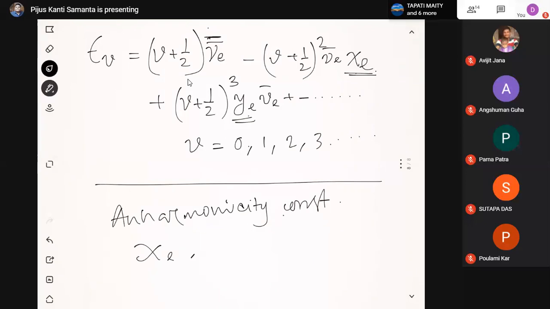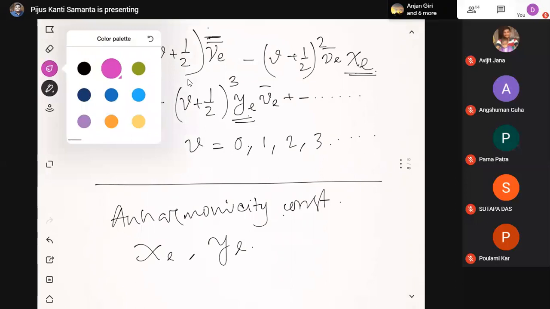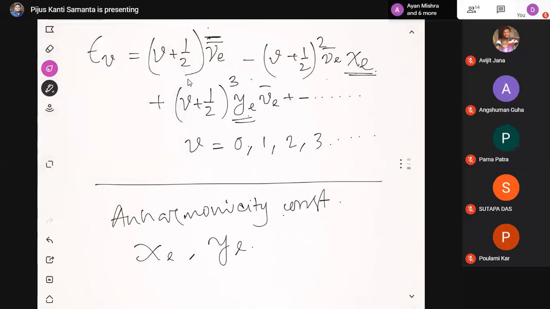This is different for different molecules because the types of vibration and the molecular structures are different. That means the symmetry is different, so the vibration will be different. Obviously, nu-bar, chi e and y e will be different. So in our study, we shall consider only up to the first order correction term. So we shall take the energy form up to this way. So the energy spectrum.